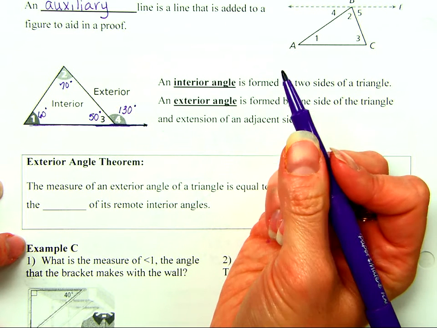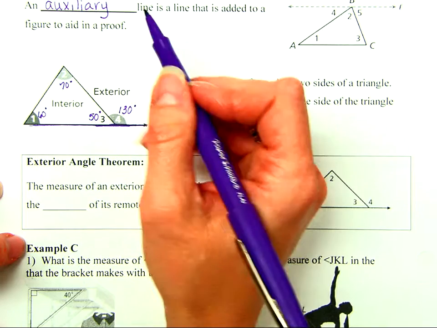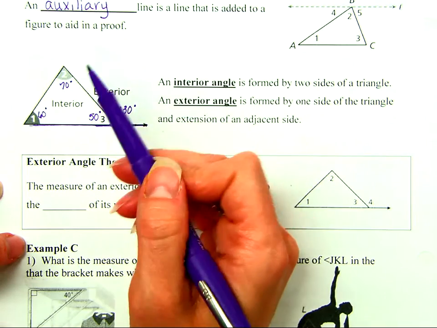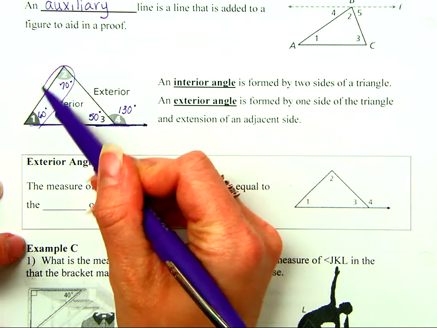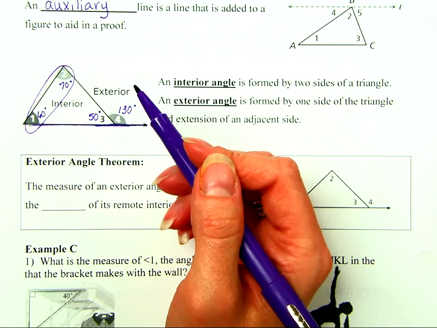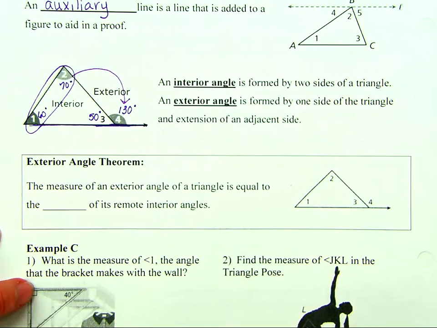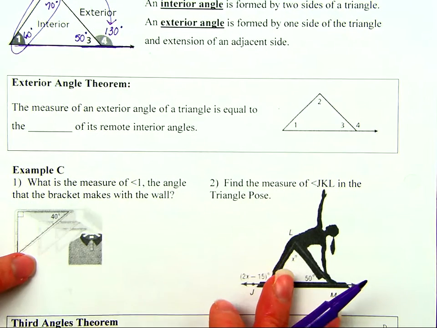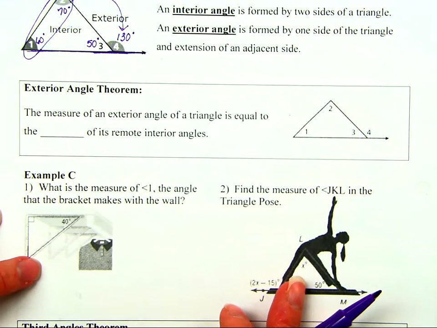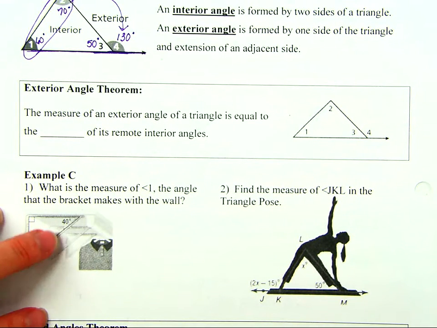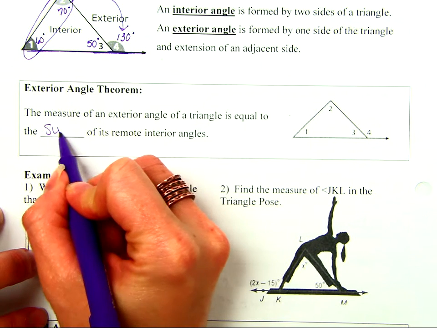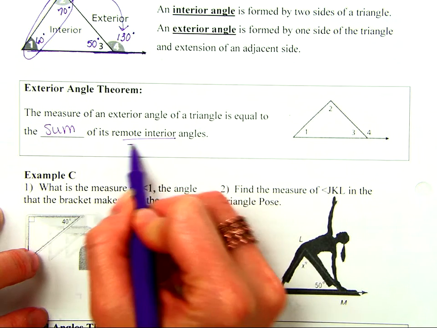Well, what ends up happening is that my two angles over here, these two numbers, if we add them together, we will actually get our exterior angle. That is called the exterior angle theorem. The exterior angle theorem says the measure of an exterior angle of a triangle is equal to the sum of its remote interior angles.